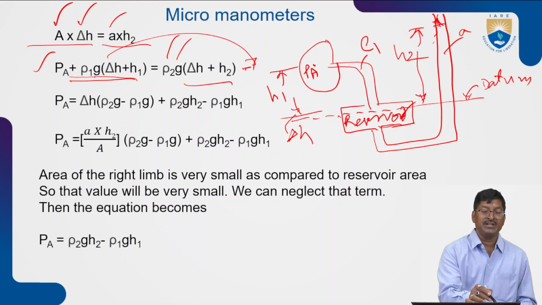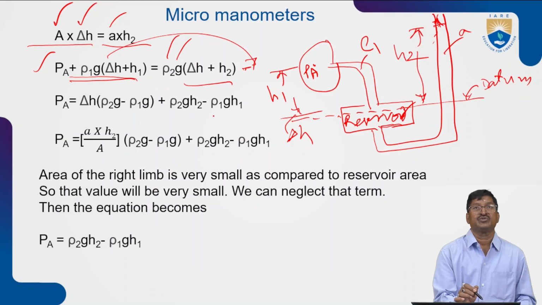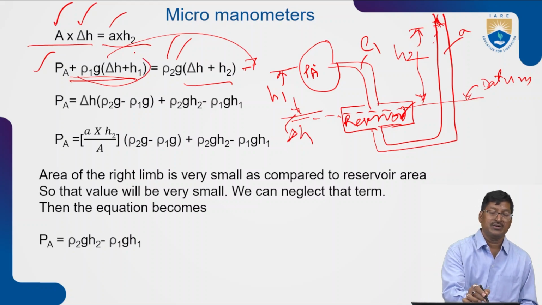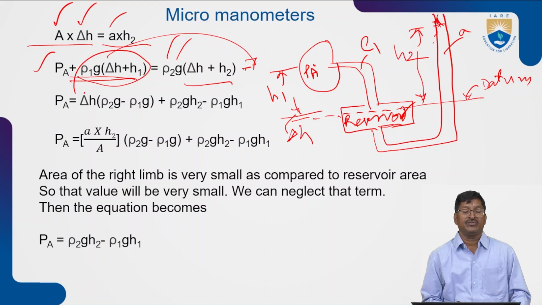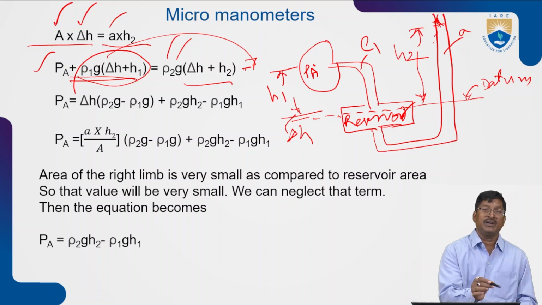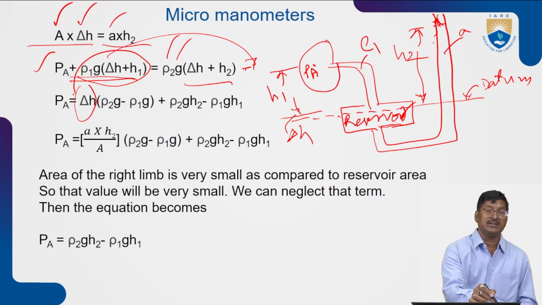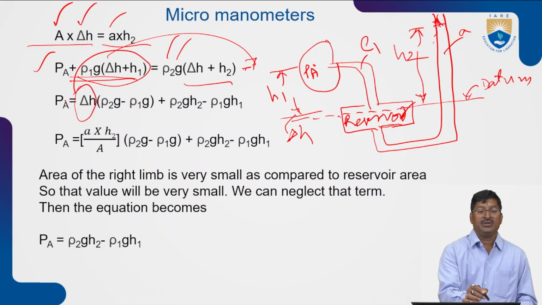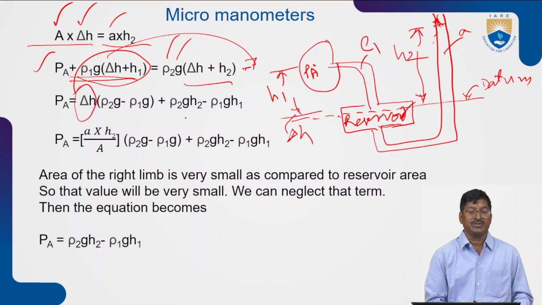Rho 2 g minus rho 1 g, plus rho 2 g H2 minus rho 1 g H1. So you bring this part to the right side of the equal symbol, then take the common delta H. Then you will get this type of expression.